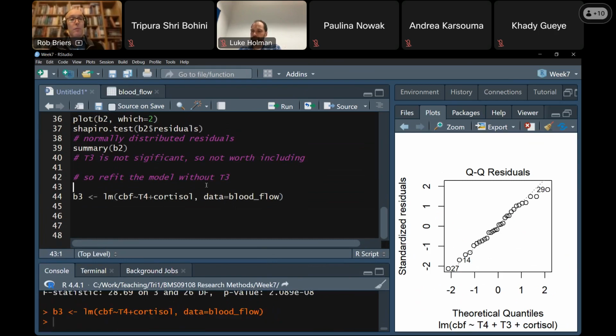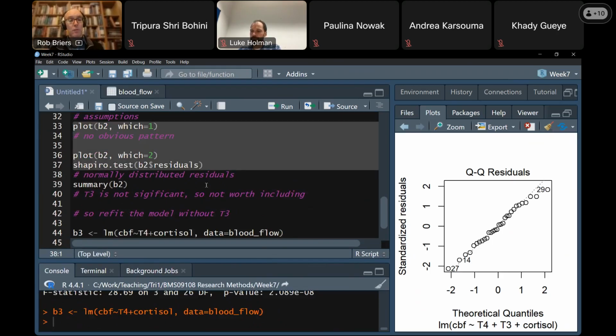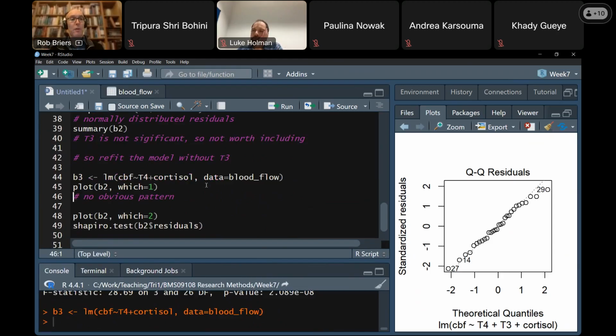So we fit that without the variable that's not significant, and we'll just do a quick version of this to save me a bit of time. Oops, that should be 3.